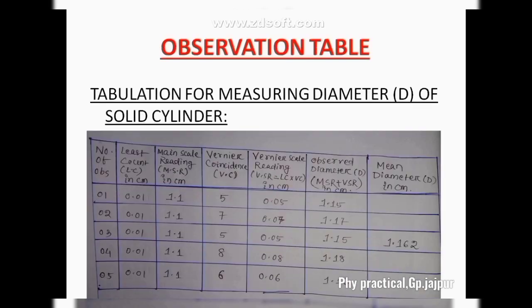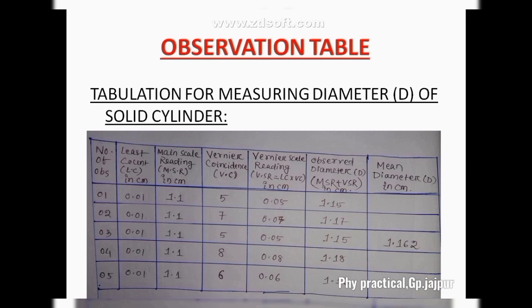As you already see, the readings. Here are 5 readings, as I have already written. Here is your number of observations. Here is your least count. Here is your main scale reading, vernier coincidence. Then is your VSR and observed diameter, and then mean.